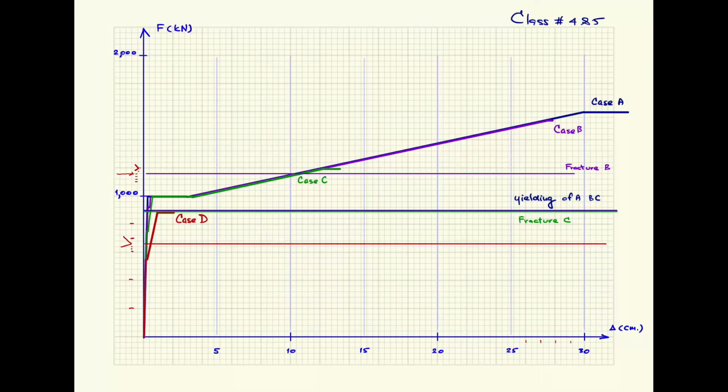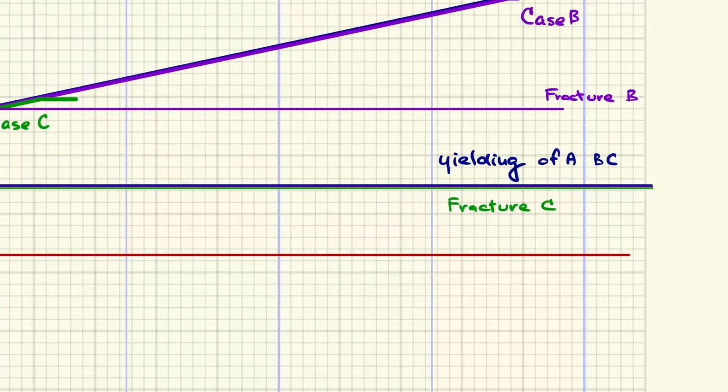Okay. Fracture of D, which is 0.75 multiplied by 880, 660 kilonewton.